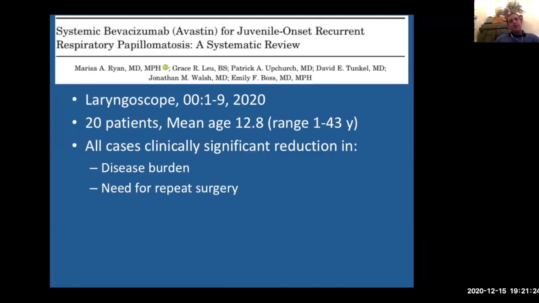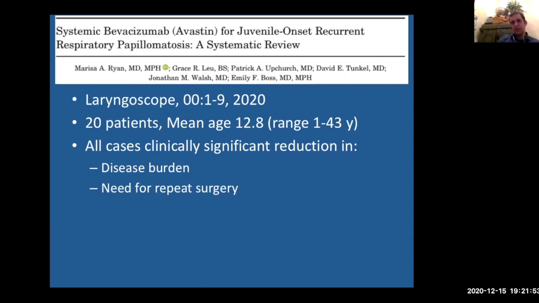One paper that I came across was a systematic review on the use of systemic Avastin. They managed to identify 20 patients, a group of pediatric patients and adults ranging from 1 to 43 years. And in this study, all cases showed clinically significant reduction in disease burden, and also reduction in the need for repeated surgery.